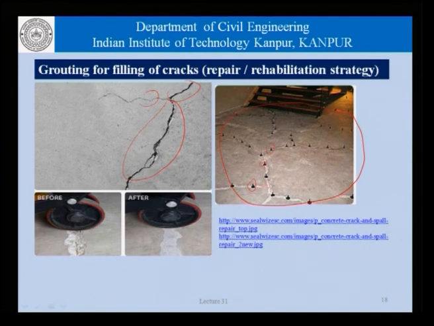We close those nipples and start from different places along the crack system, ensuring that the entire crack system has been filled with the grout. So, finally, we have a system which looks a little ugly because of this kind of patchwork along the cracks, and that needs to be painted.